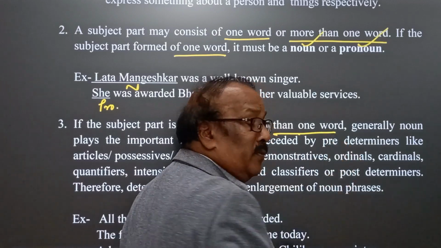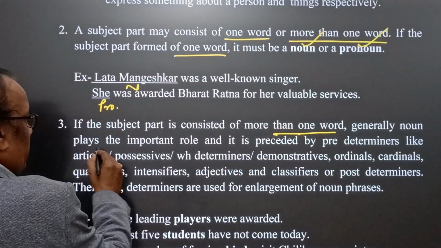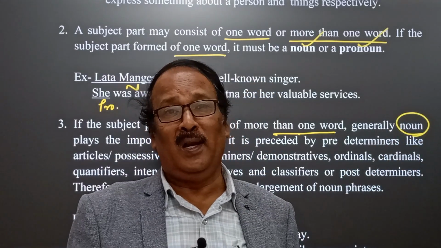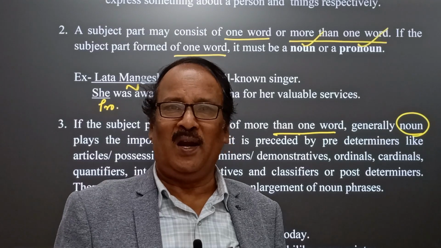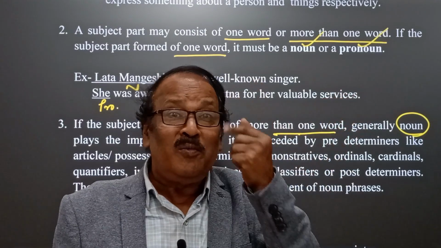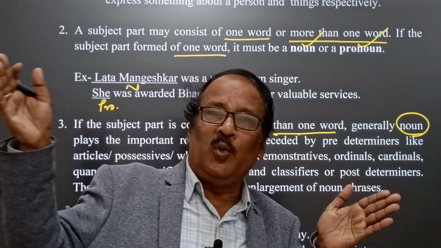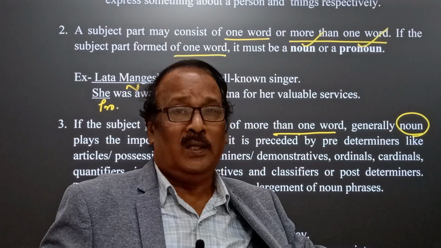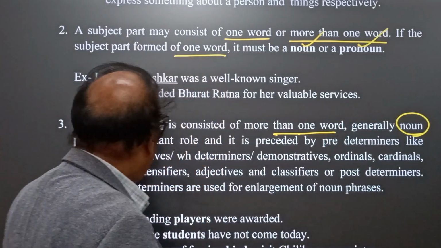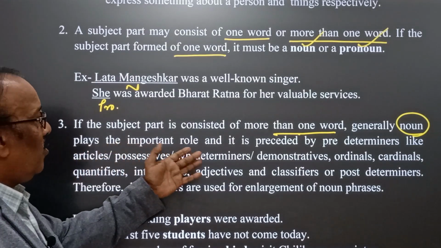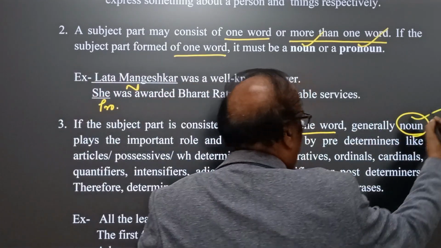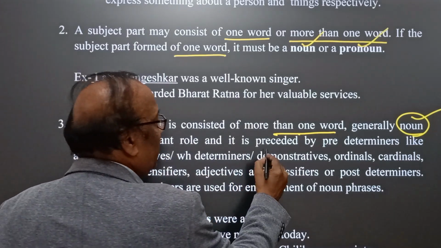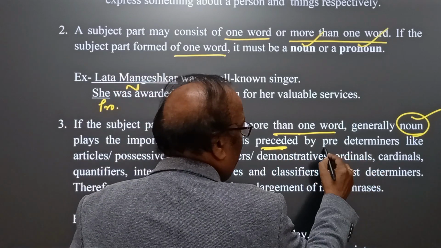More than one word. Generally, noun plays an important role. If it is more than one word, then definitely noun plays an important role. There are two types of determiners, predeterminers and postdeterminers, qualifying the head noun. Noun plays an important role, and it is preceded by predeterminers.